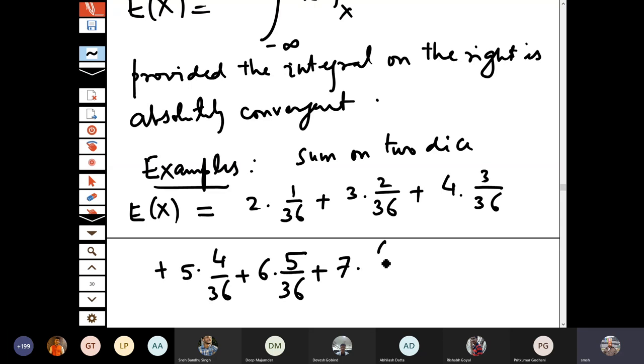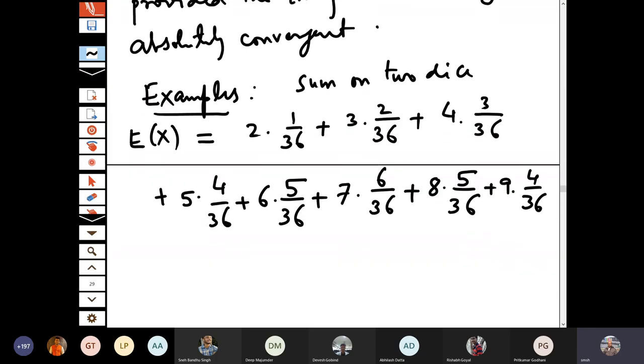It was taking value 7 with probability 6 by 36, then it was taking value 8 with probability 5 by 36. It was taking value 9 with probability 4 by 36. It was taking value 10 with probability 3 by 36.